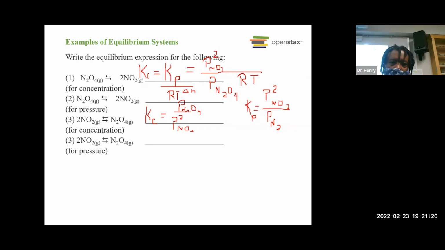RT. And then this one is just going to be this one flipped.